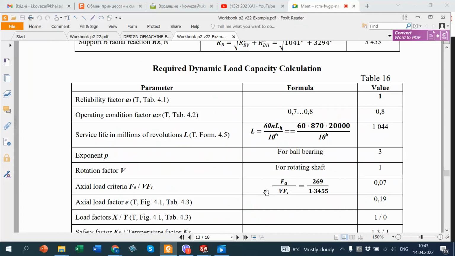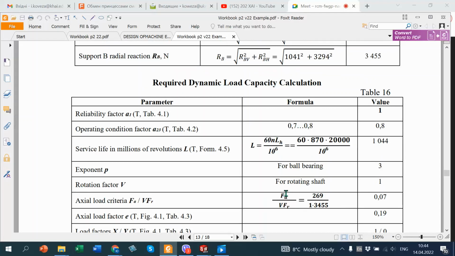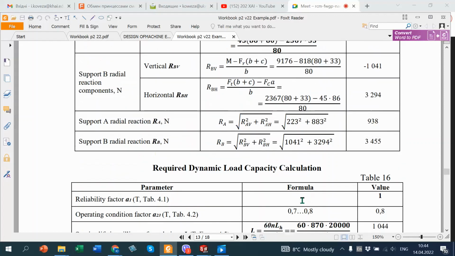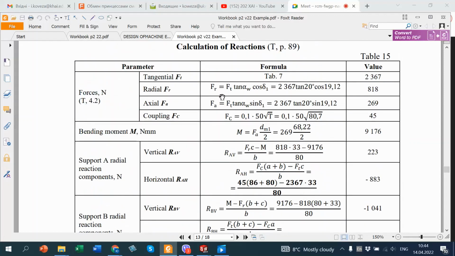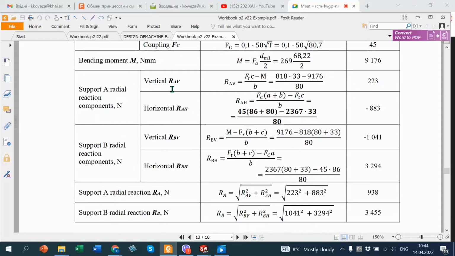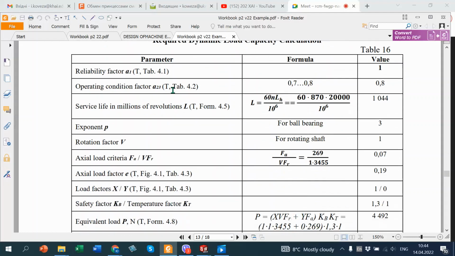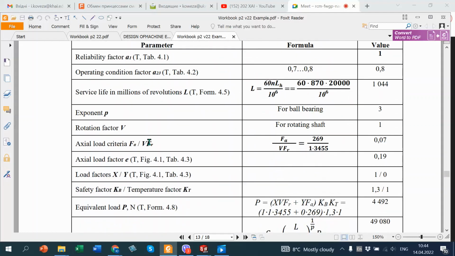Axial load criteria, FA divided by V FR. Pay attention that FR is not radial force. You see here, radial force FR. They are different. FR here is a radial load on a bearing.